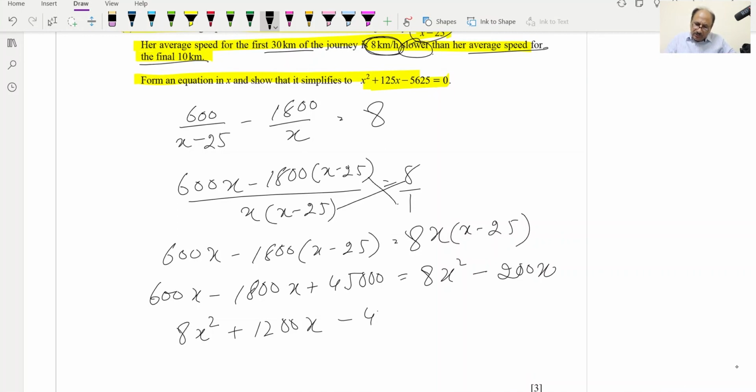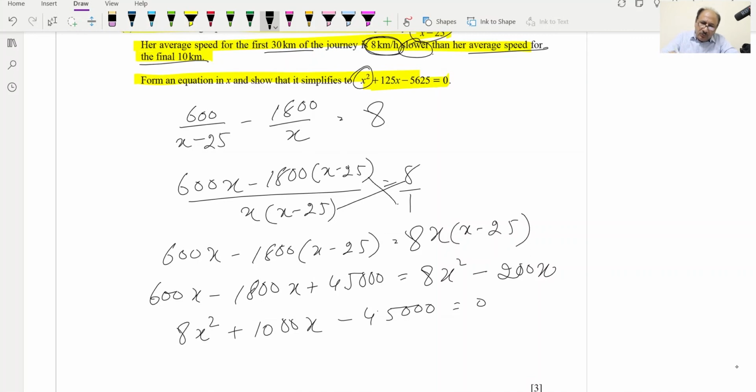We missed 200x over here, so we have to simplify again, and this will be minus 1000x, minus 45000 equal to 0. So this will be our equation.